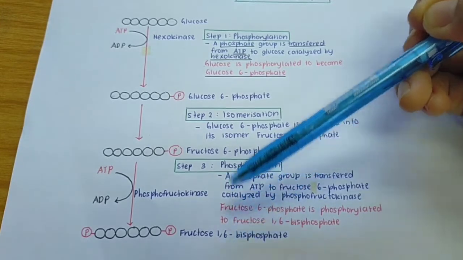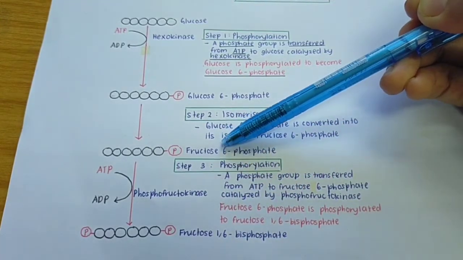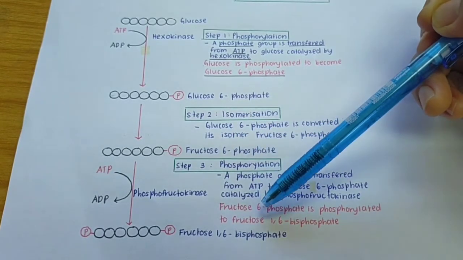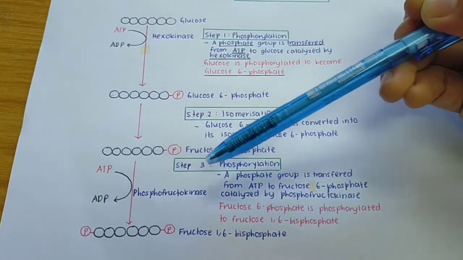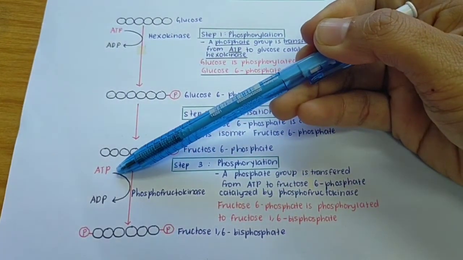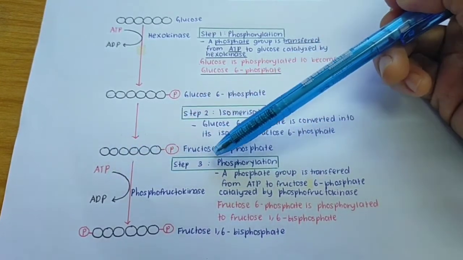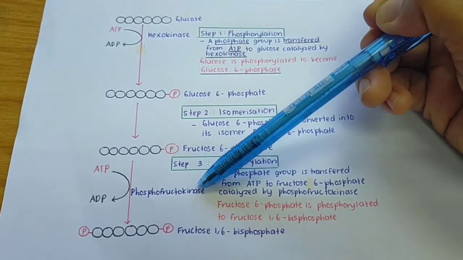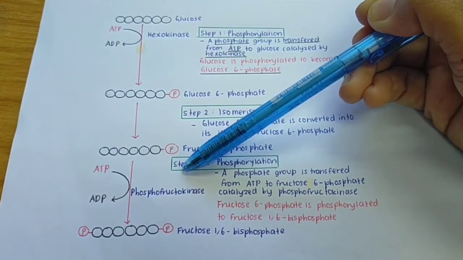You have to remember, this is step 3. Where does the phosphate group come from? It comes from ATP. This phosphate will attach at carbon number 1 of fructose 6-phosphate, and this reaction is catalyzed by the enzyme phosphofructokinase.